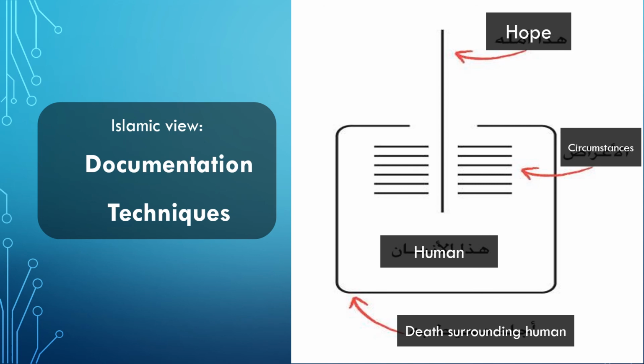So it shows that we should also think about the akhirah. That is how the Prophet ﷺ represented or visualized this idea in a visual diagram. That is a simple idea, just to show that this science of documentation techniques is not something strange in our Islamic culture and history.